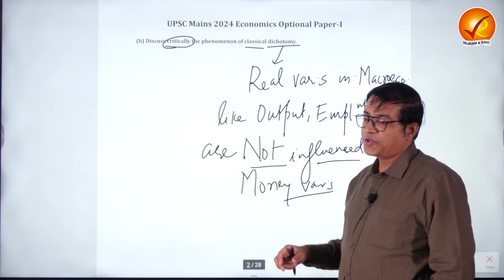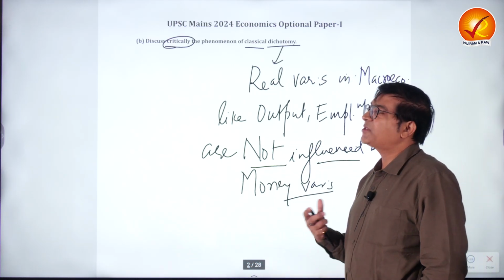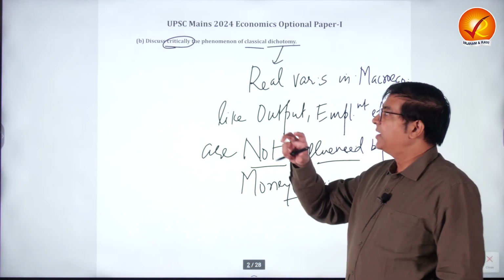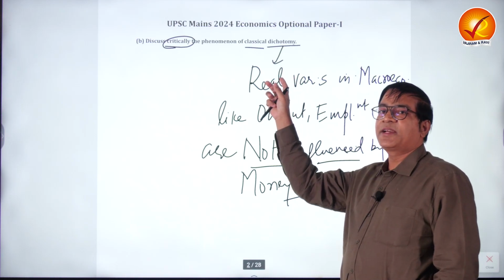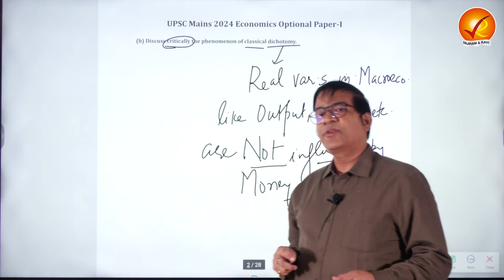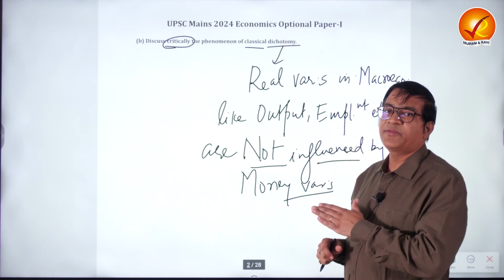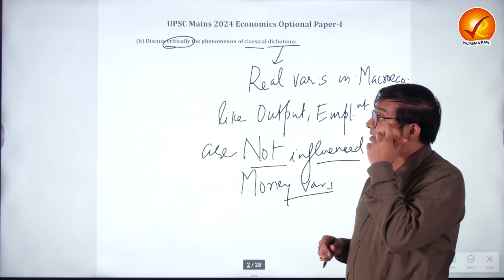For example, they show the business cycles, etc., are mostly influenced by the real variables. So in favor of classical dichotomy, you can also bring in the arguments given by the new classicals, because after all they were trying to justify some of the conclusions of the classical theory.